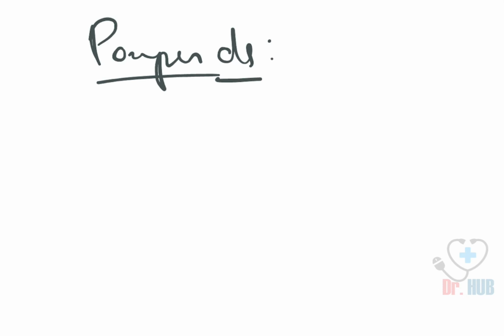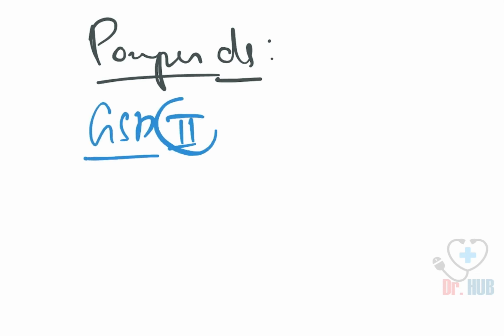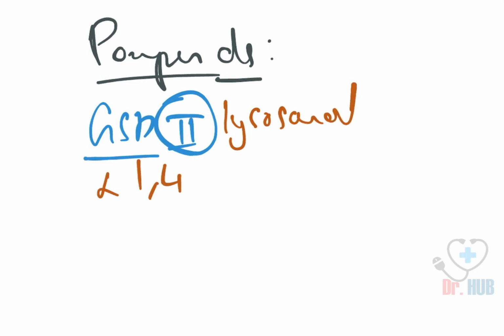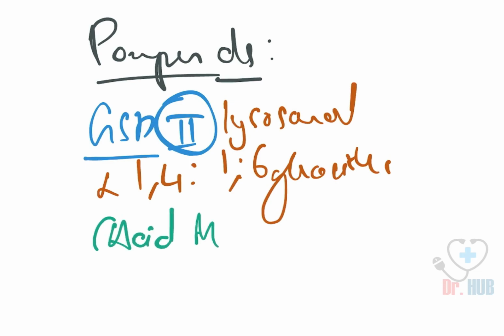The next question we asked was, what is Pompe's disease? Pompe's disease is nothing but the GSD type 2. The enzyme involved here is the lysosomal alpha 1,4 and 1,6 glucosidase. This is nothing but the acid maltase.